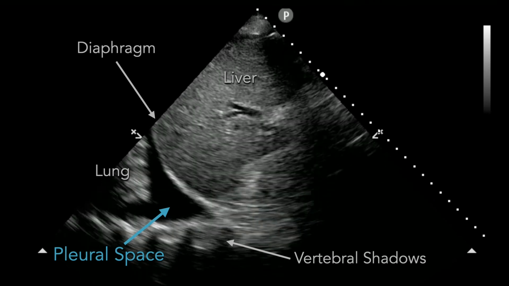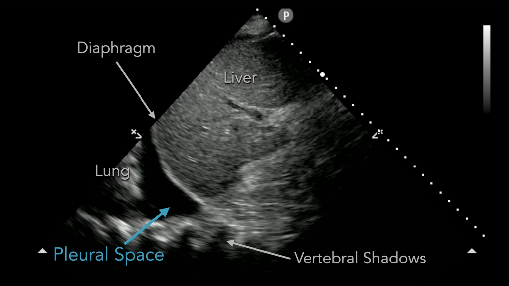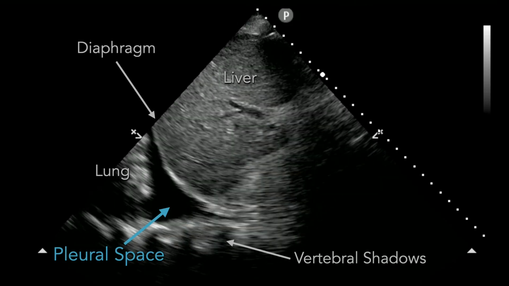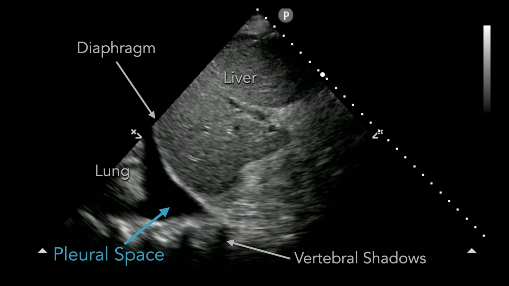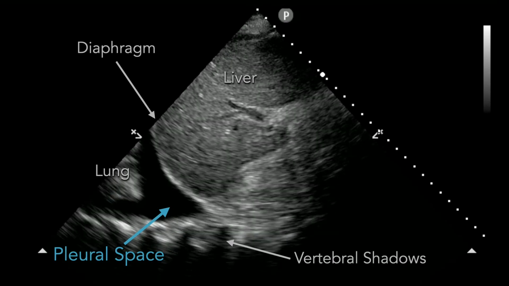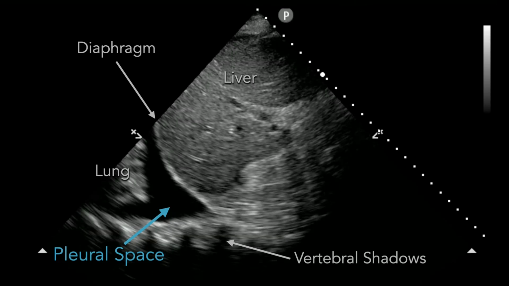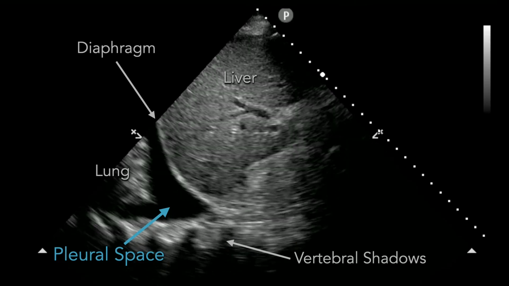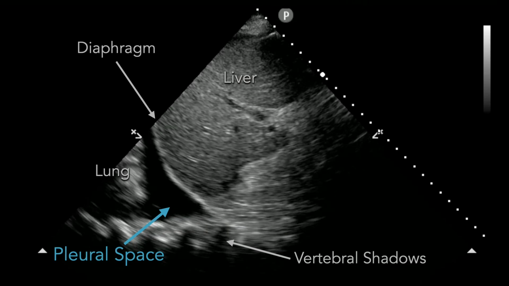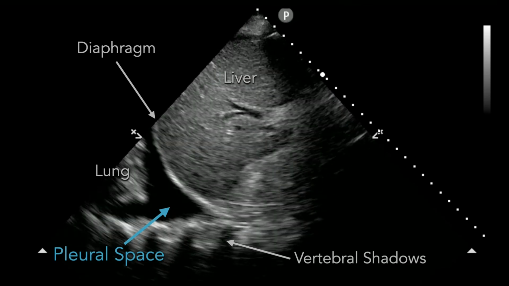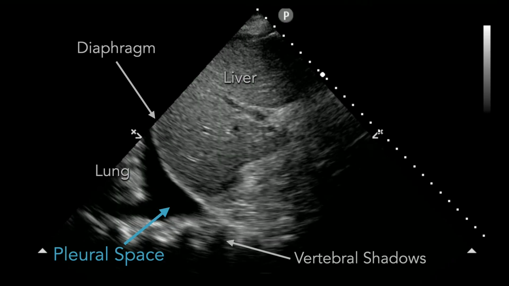But as I fill that thorax with stuff that transmits ultrasound, in this case, I guess anechoic, and displace the air out of the way, I'm going to start seeing far field structures that I wouldn't ordinarily have seen. In this context, the vertebral bodies or vertebral shadows. And so this is another identifier that I'm looking at fluid in that thoracic space, right? And so those are the 3 major anatomic things that I'm looking for.